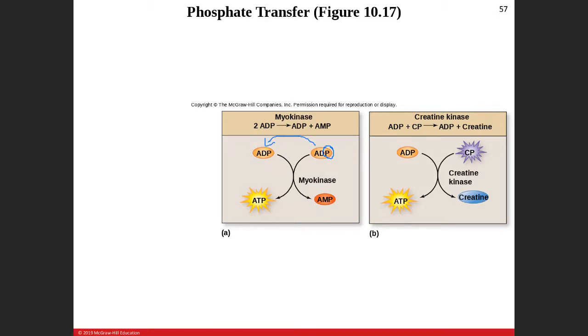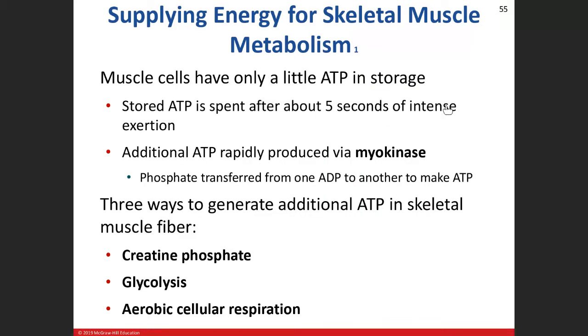So we're left with ATP and AMP. So we now have an ATP molecule. That's what the kinase does. It takes a phosphate, plucks it off one molecule and sticks it onto another. So that's one way. That's cool. I can go with that.